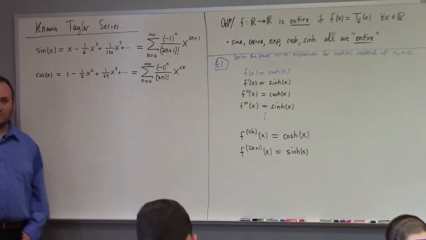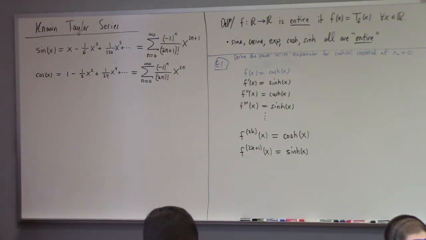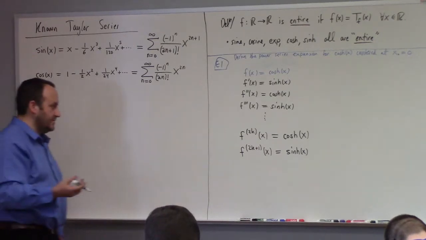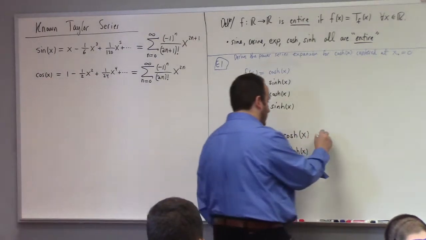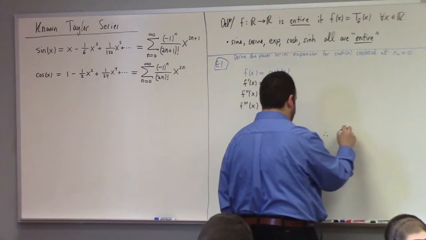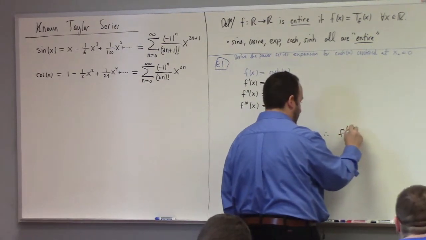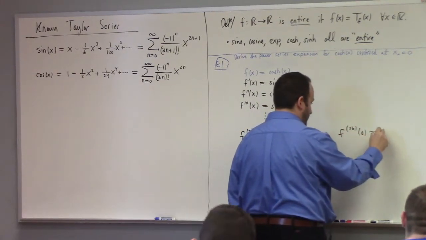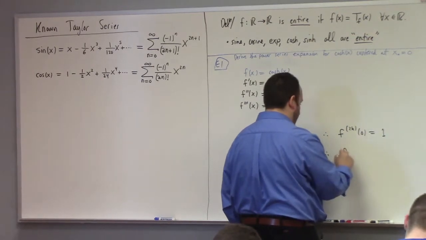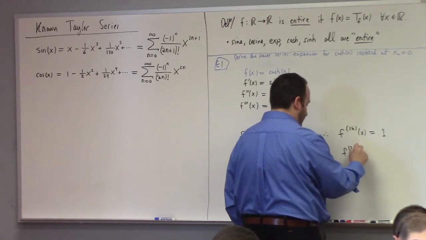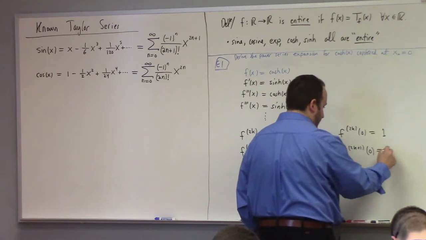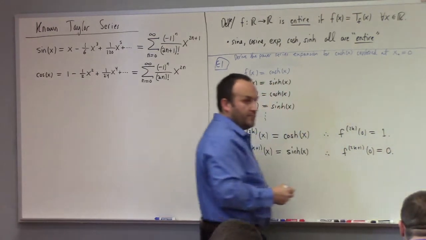That's the pattern that we can see here. Okay, so therefore, what happens when we evaluate at 0? For the evens, we get 1. For the odds, we get sinh of 0, which is 0.